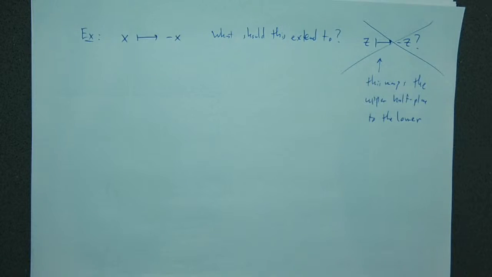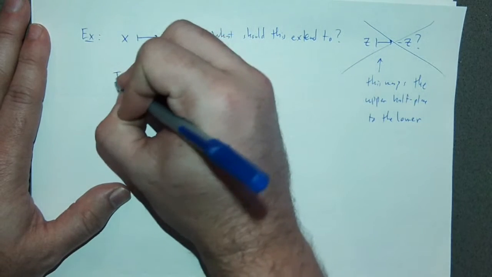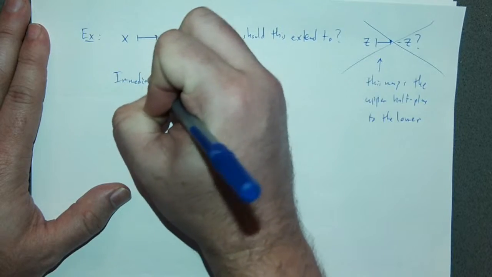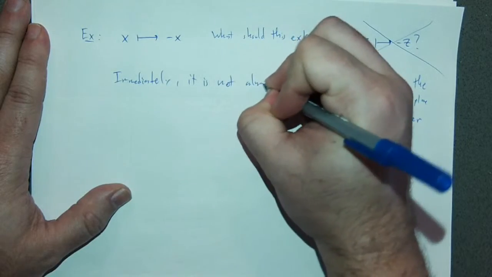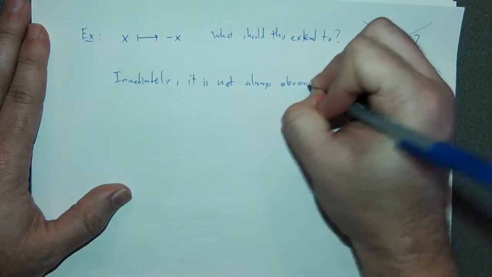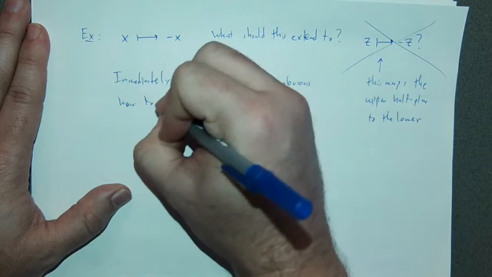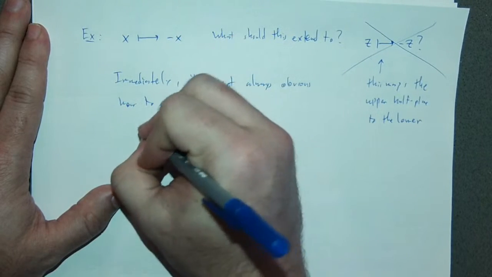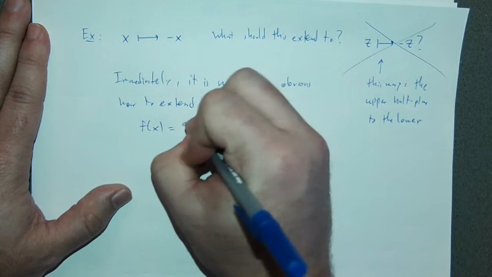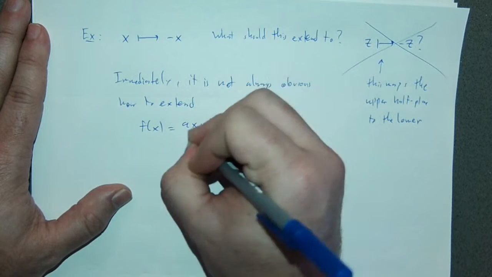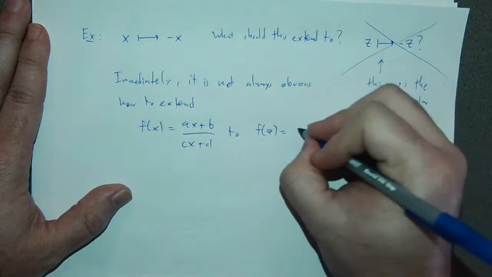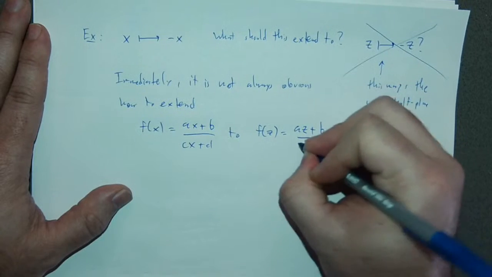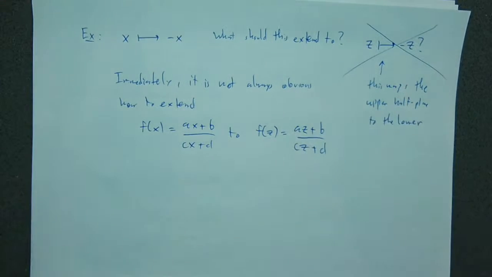And so immediately, it's not always obvious how we should extend a linear fractional transformation (ax plus b) over (cx plus d) to the version where I've swapped in complex variables.